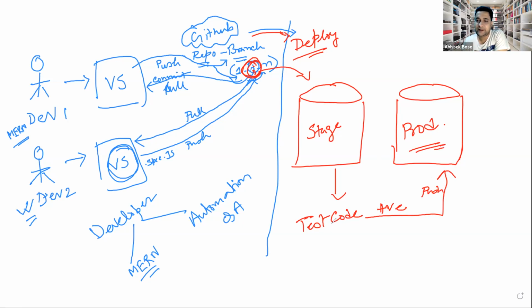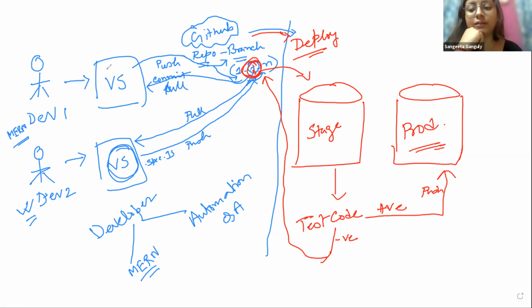If your test is not positive, means negative, means something is not happening properly, then it should return back to here. It should not go over here this way, it should go over here this way again. So if we get negative, then again we push it to stage.